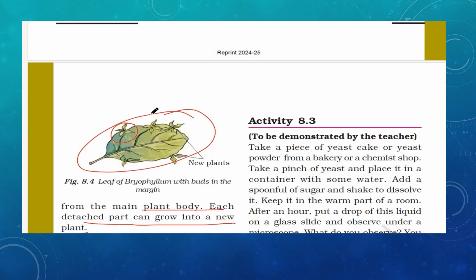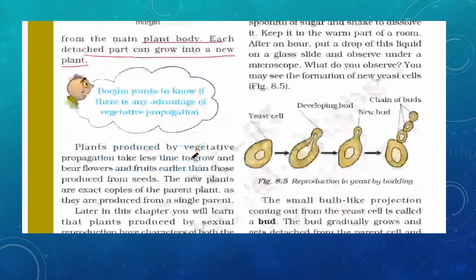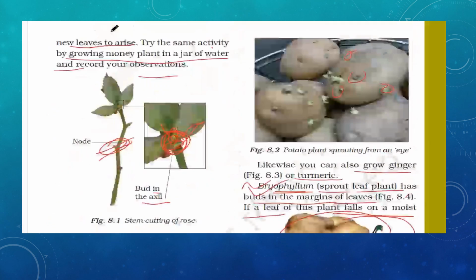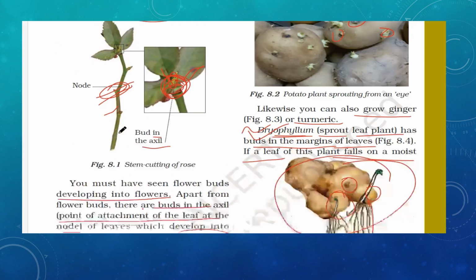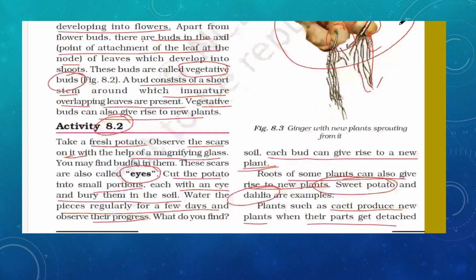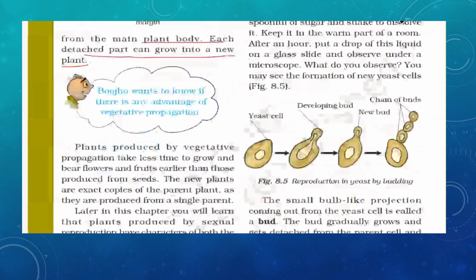They have buds in their leaf margin, and once a leaf falls into the soil, new plants are formed from these buds only. So this is how new plants grow from leaves, from the stem, and from the roots as well. These are all vegetative methods of propagation. Is it clear to all of you?